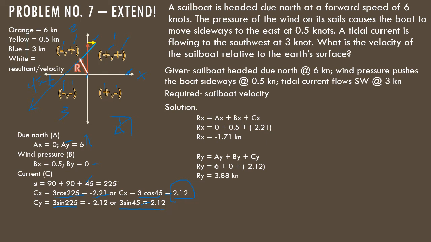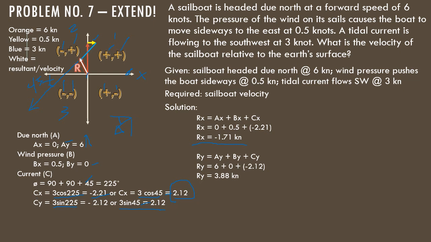The negative sign is very important kasi kapag hindi natin alam kung positive or negative, magkakamali yung direction natin. So, the answer for our x component is negative 1.71 kN.